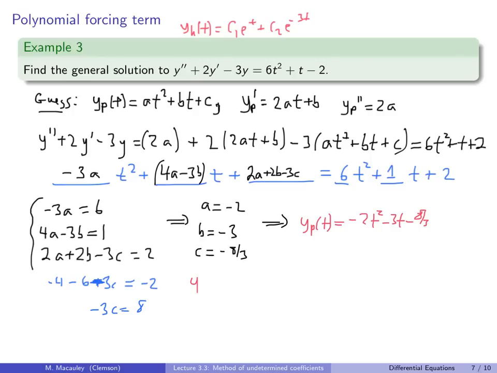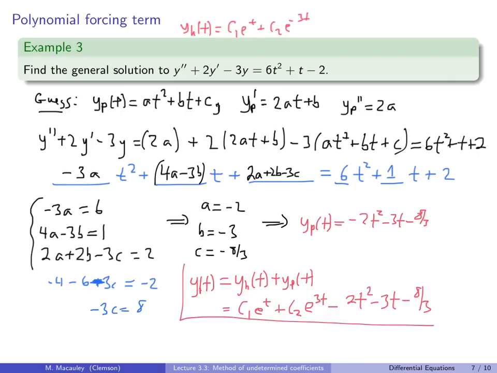So our final solution, y of t, is the homogeneous solution plus our particular solution that we found, and that is c1 e to the t plus c2 e to the 3t minus 2t squared minus 3t minus 8/3. And that is our solution.